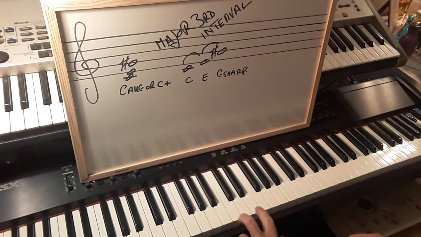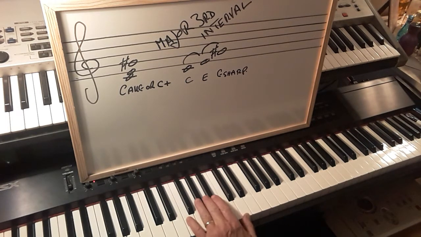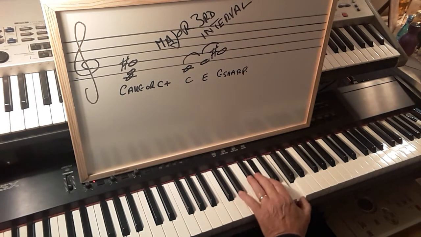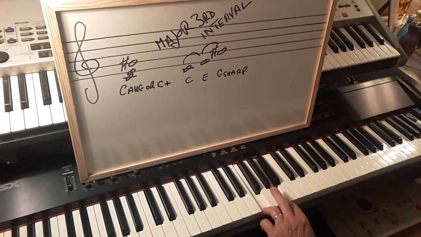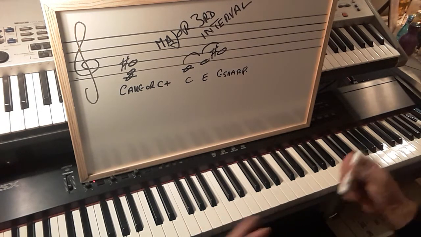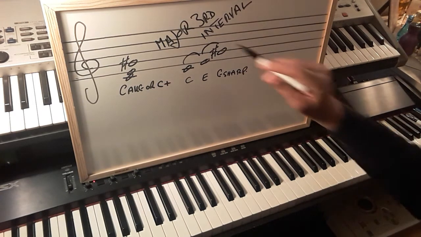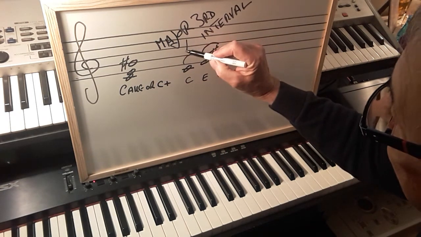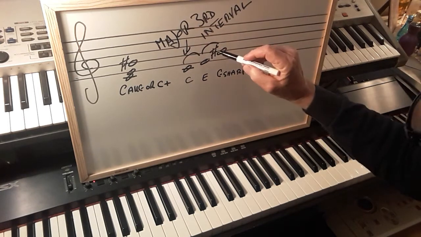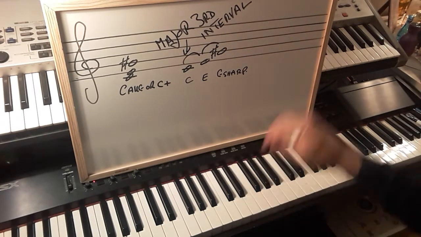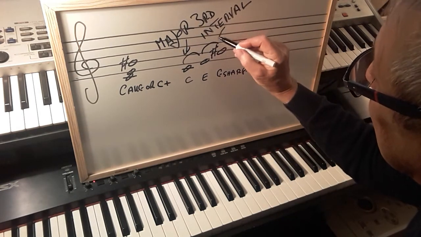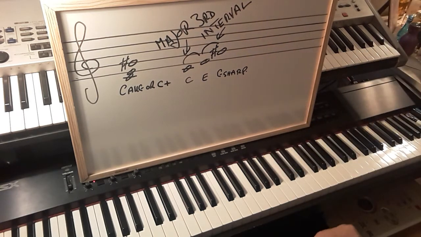So an interval with two tones in it, okay, is known as a major third. So that is a major third. And from E to G sharp is a major third. Okay.